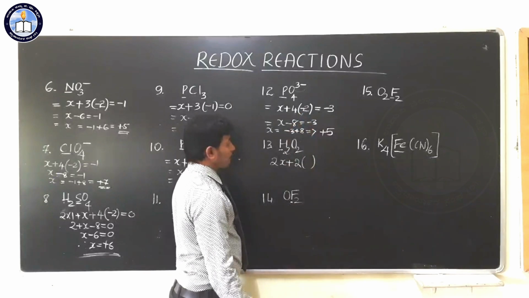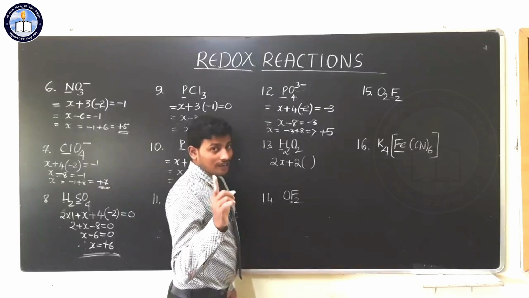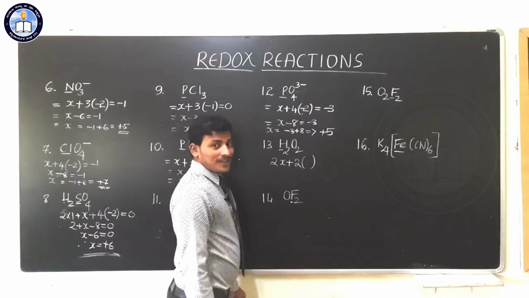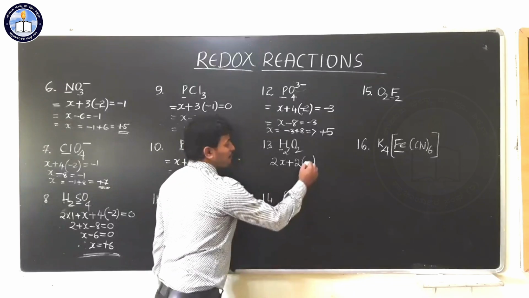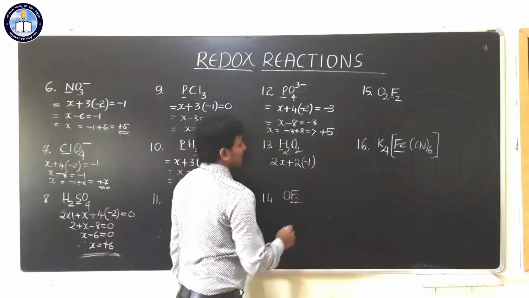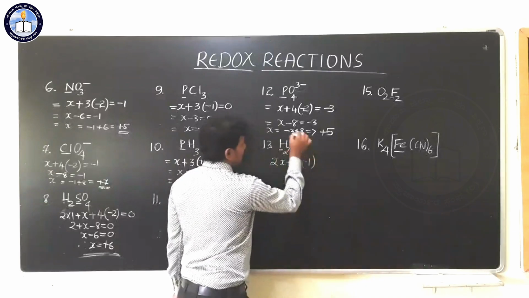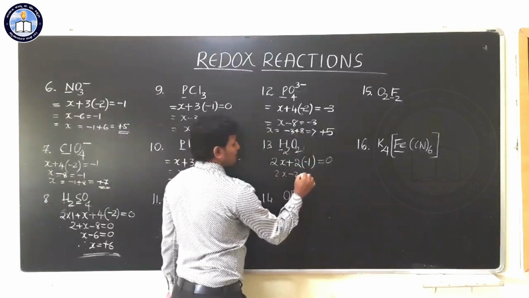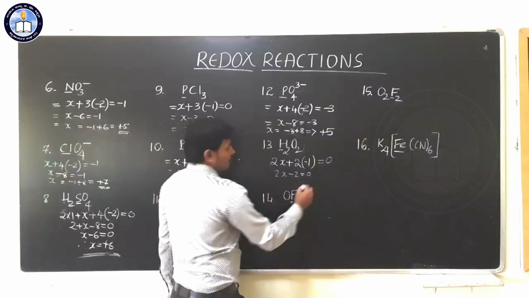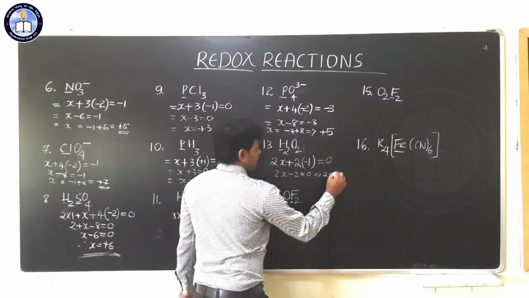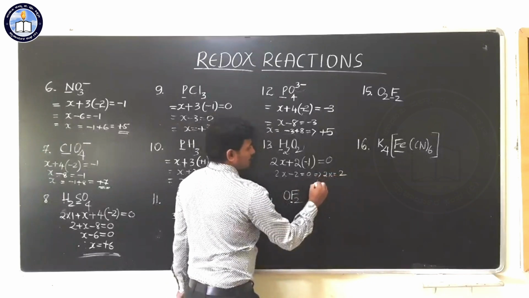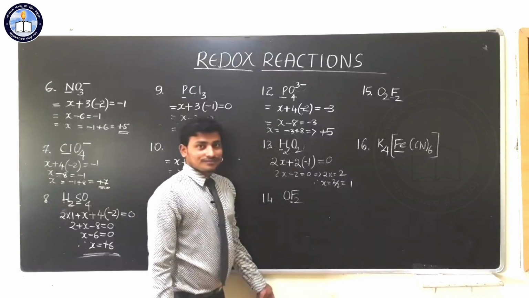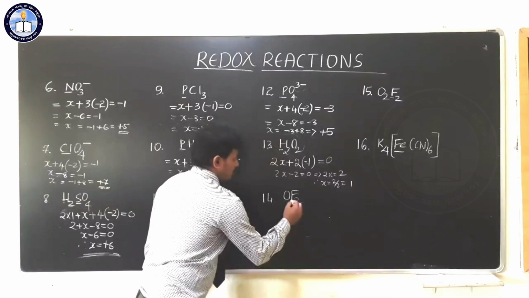No. Remember this one: in case of peroxide, go to the rule. Check that in case of peroxide, the value of oxygen is -1 here. The charge on this one is nothing, it's neutral, equal to 0. So 2x minus 2 equals 0, therefore 2x equals 2, hence x equals 2 by 2, which is 1.